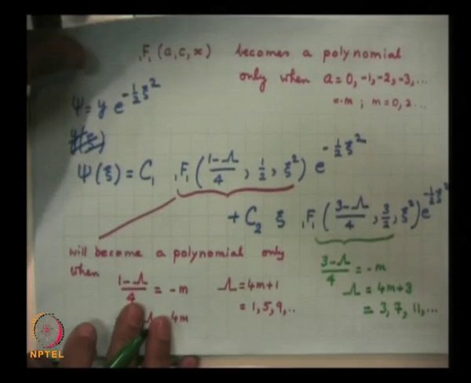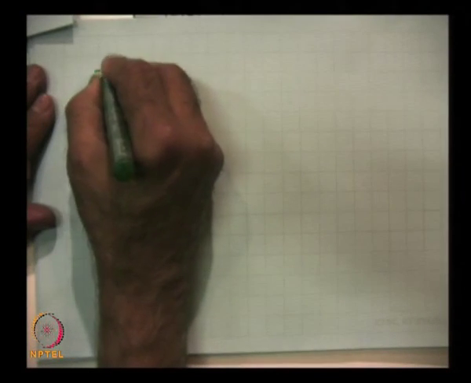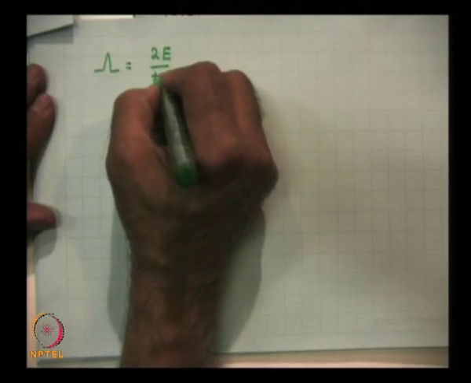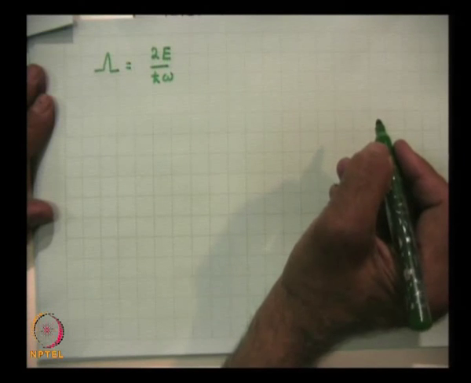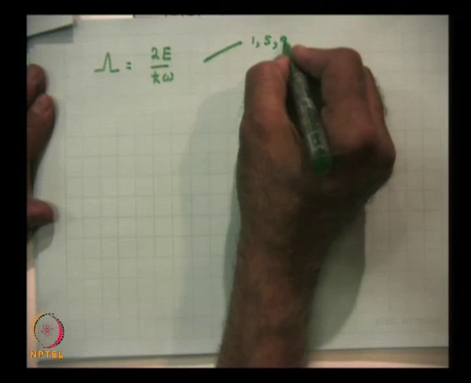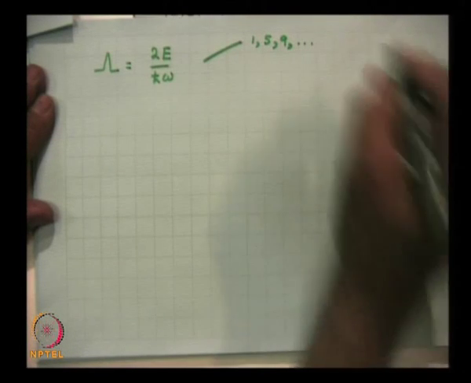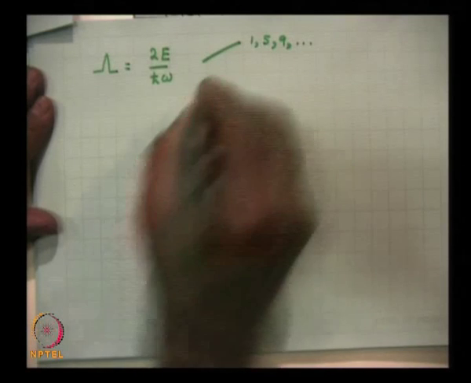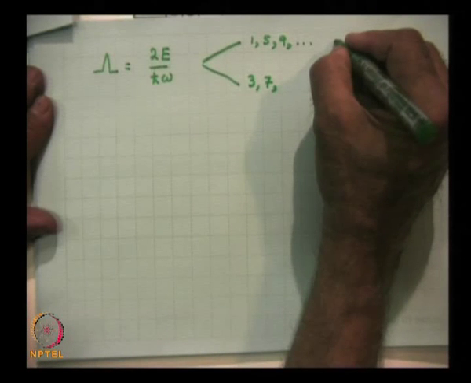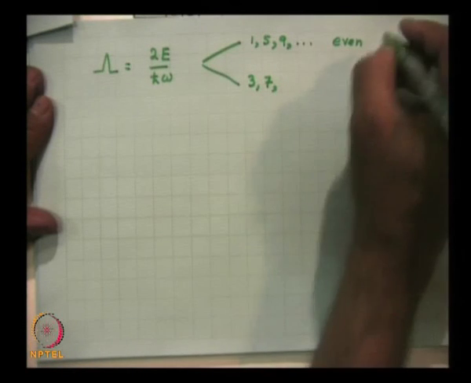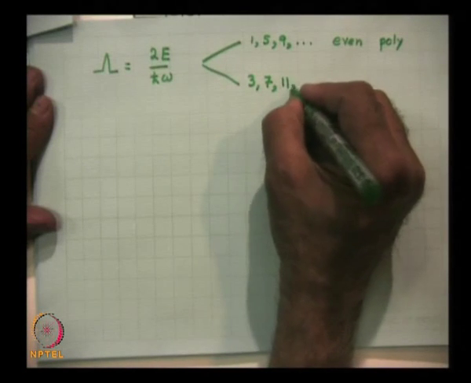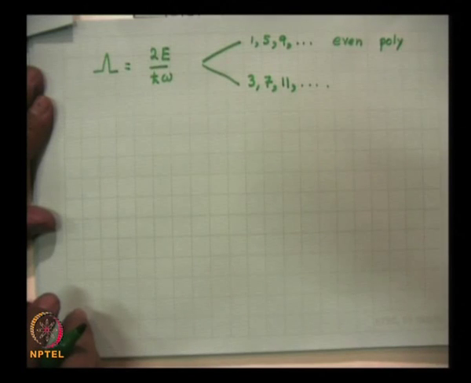And let me tell you that we had said that lambda is equal to 2E by h cross omega. So, this can take values 1, 5, 9, etc. And the first solution will be a polynomial solution, and this will be 3, 7. So, the solution will be an even polynomial, and this, as I will show you in a moment, 3, 7, 11, it will be an odd polynomial, the second solution.